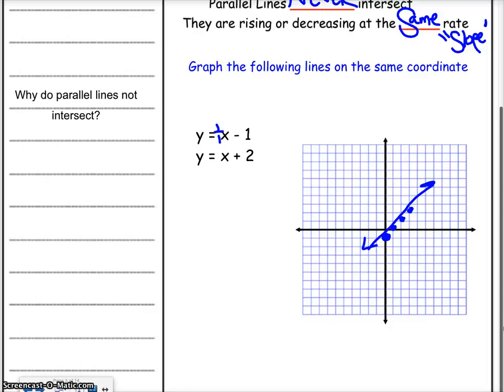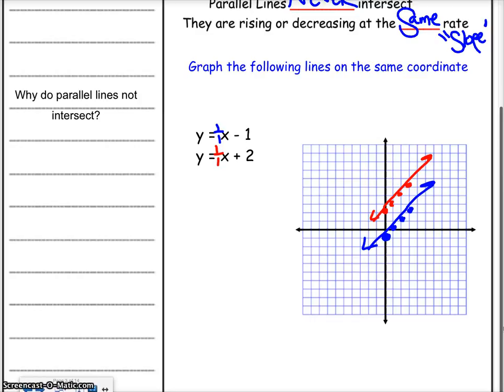Now my next one, I have a y-intercept of 2 and the same slope, 1 over 1. Okay, so y-intercept of 2, a dot at 2, up 1, over 1, up, over, up, over. Do those two lines look parallel to you?